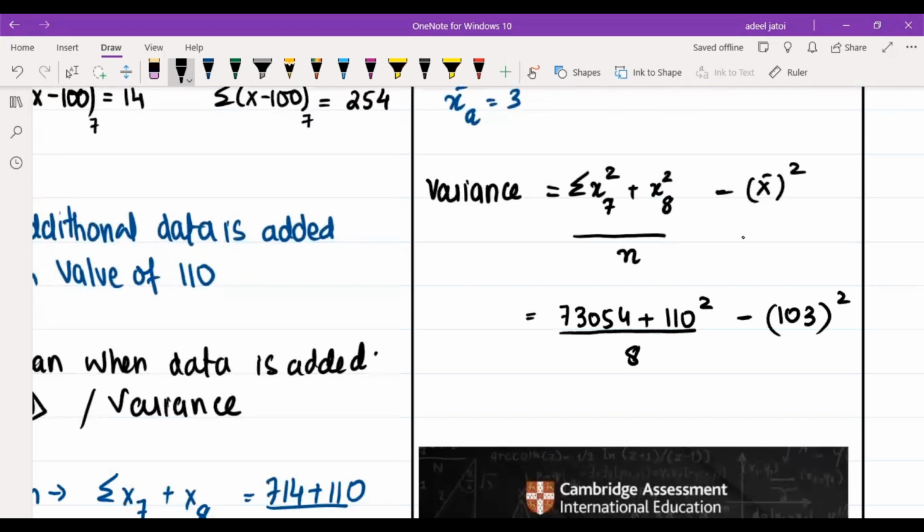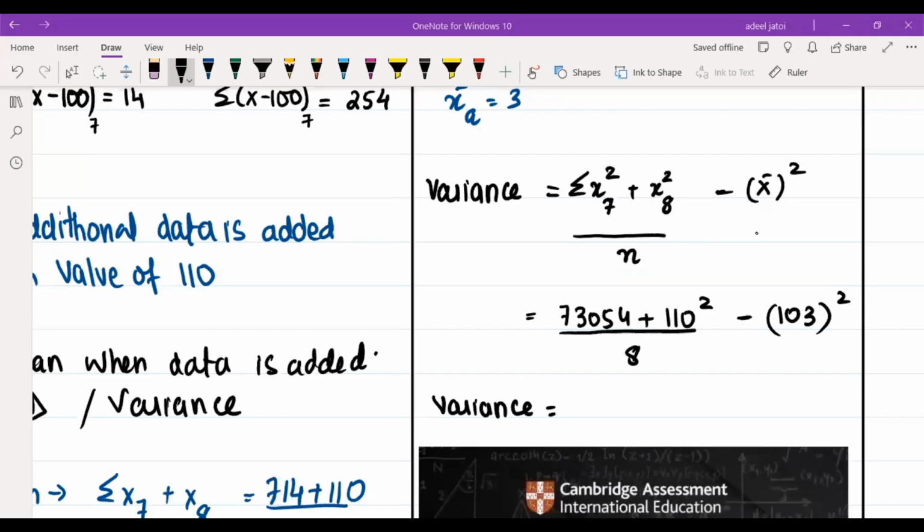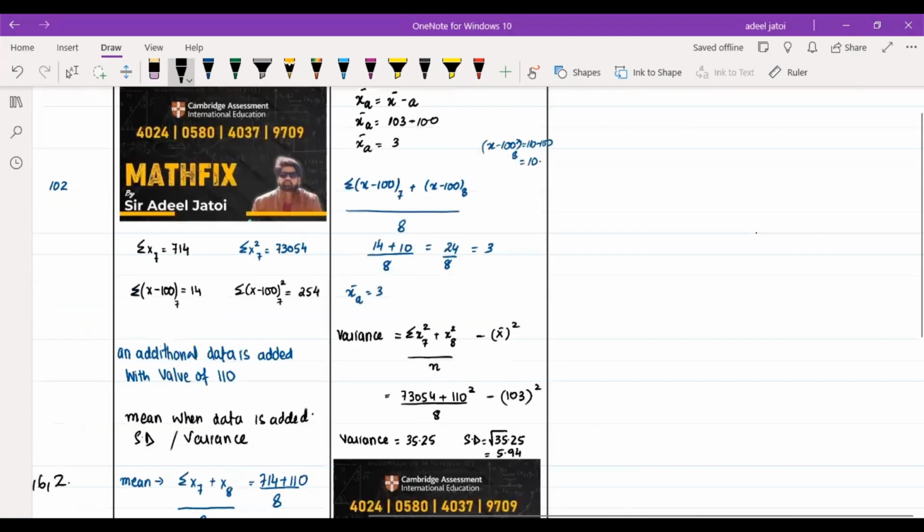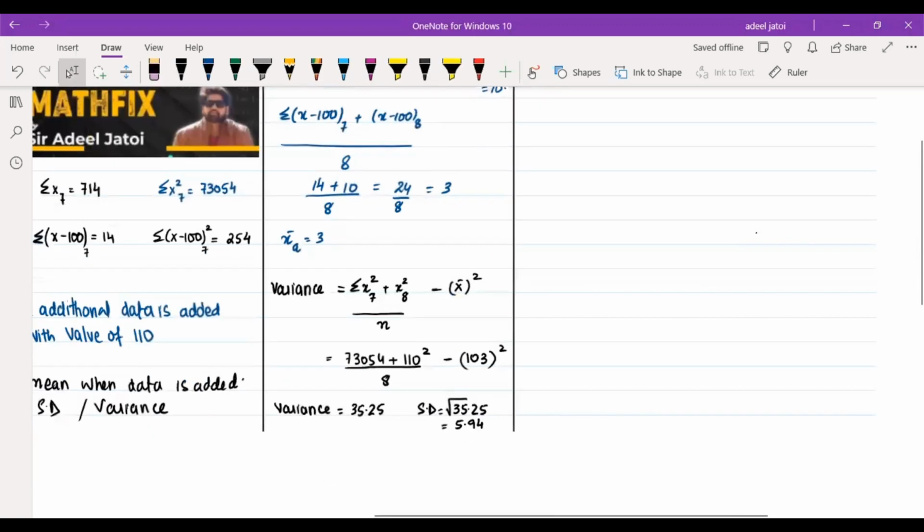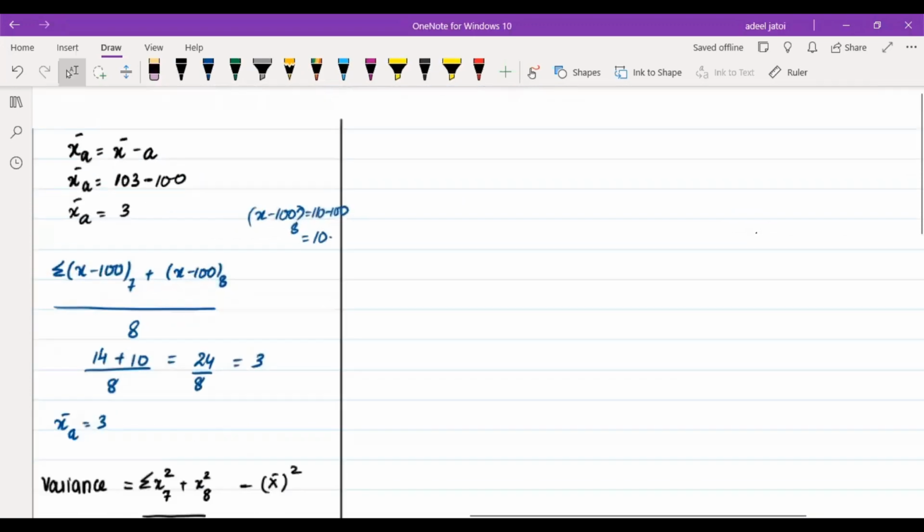Can I have the answer directly for the variance? Using the entire calculation, your variance will be 35.25, and your standard deviation should be under root 35.25, which is 5.94.